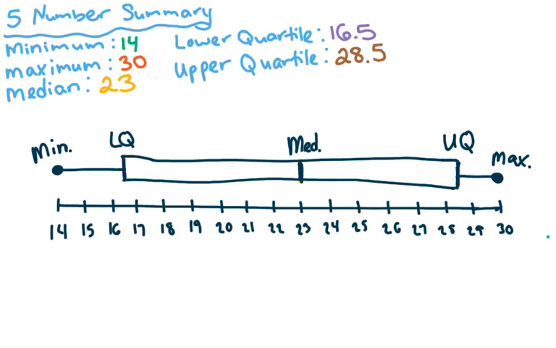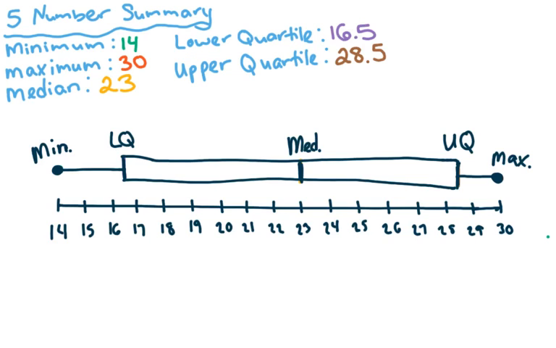Dot plots show us all the data. Box plots just show us the spread and the median. They're about measuring those two things very specifically. So taking a look at this box plot, we can see a couple of things.